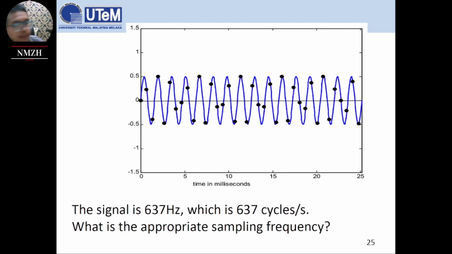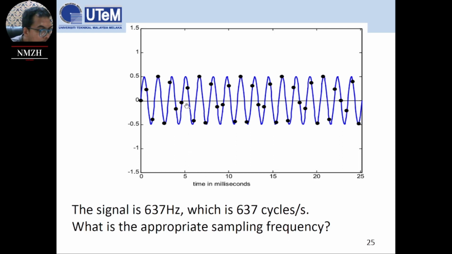So this is the example so far. The signal is 637, which is 637 cycles per second. You might count this frequency by pulling, for example, this one.